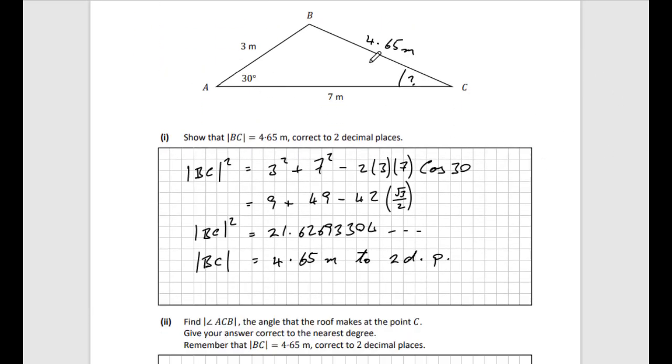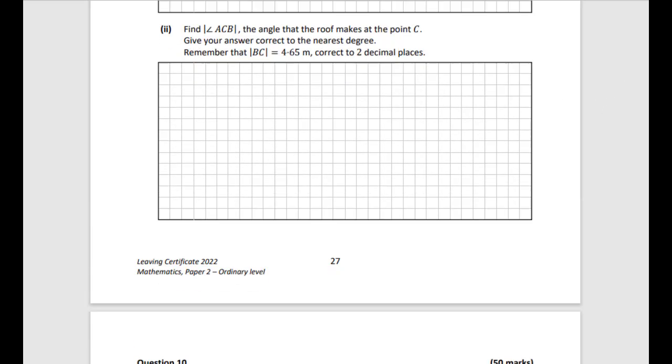So I'm going to say 4.65 over sine 30 is equal to 3 divided by sine of our angle, well, I'm going to call it C.